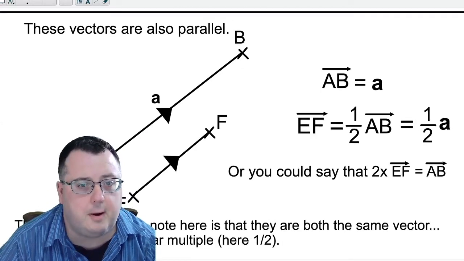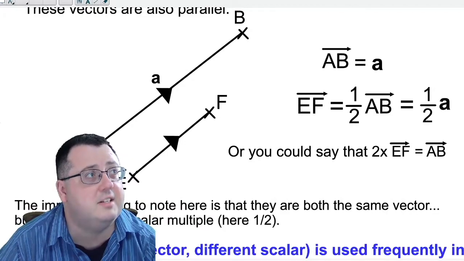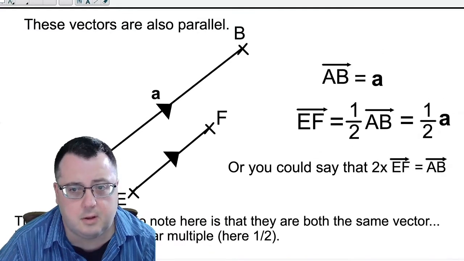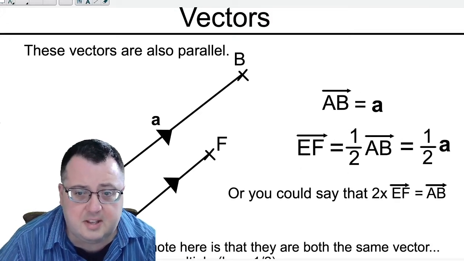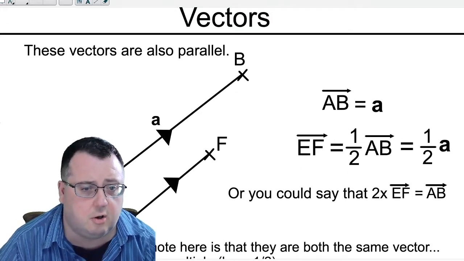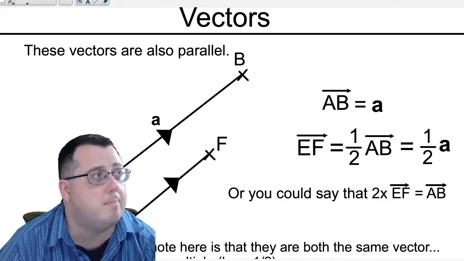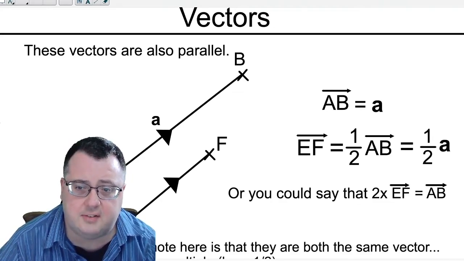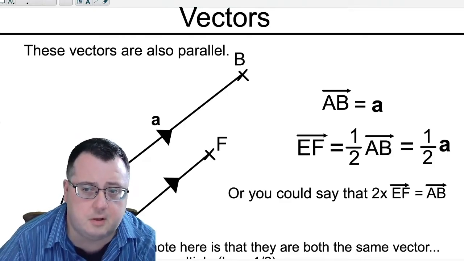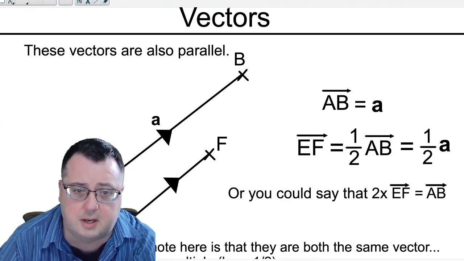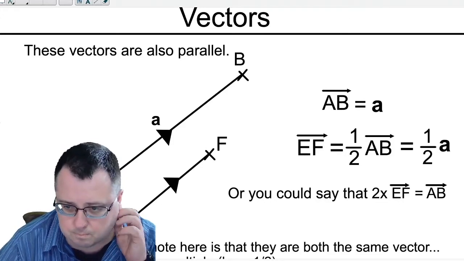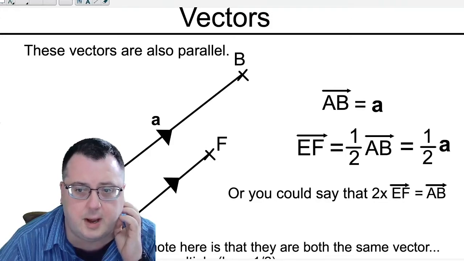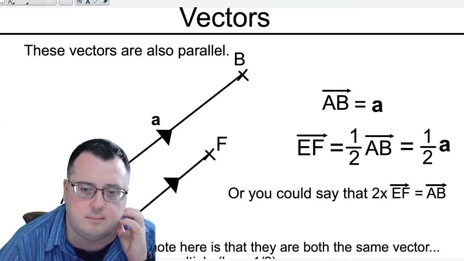These vectors are also parallel. So can you see I've got A to B there and E to F. However, E to F is half as long as A to B. So if EF is a half of AB, then it makes sense that it's going to be a half a. Or you could say that double EF will give you AB. That's another way of saying it.